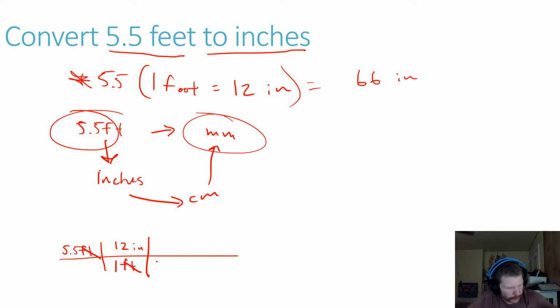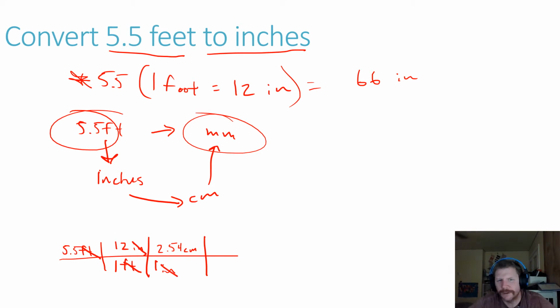Now, the next thing that I'm going to do is I'm going to have inches converted to centimeters. And I know that 1 inch is 2.54 centimeters. Okay. And now my inches are in the numerator, inches are in the denominator, they'll cancel one another out.